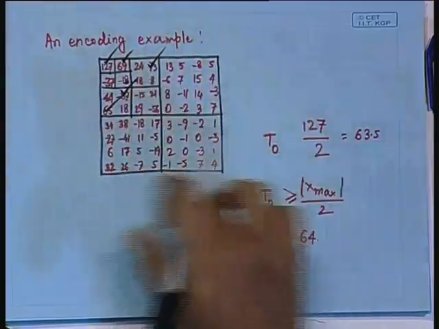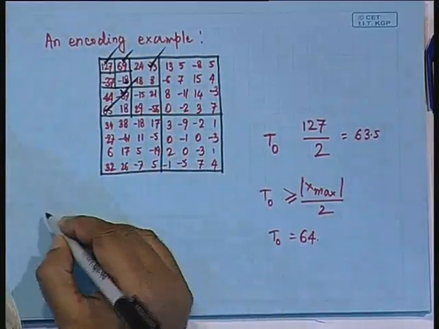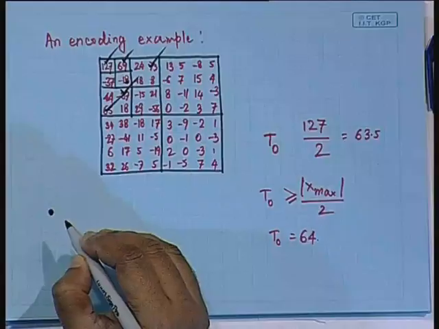And the coefficients which are significant, that could be either a positive significant or a negative significant, and the coefficients which are insignificant, they could be either an isolated 0, meaning not having the descendants as zeros, or they could be 0 tree roots. So, for every coefficient we have got 4 possibilities of encoding.